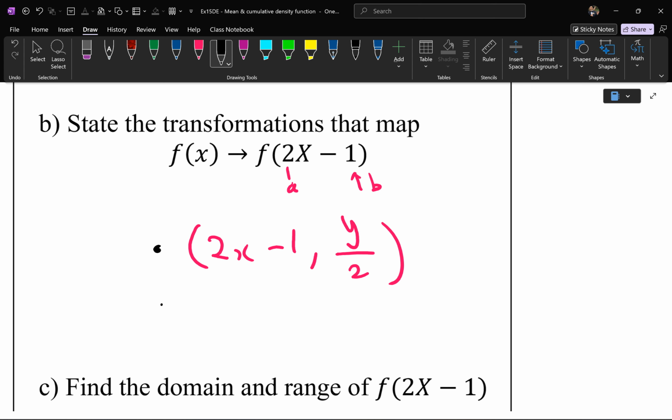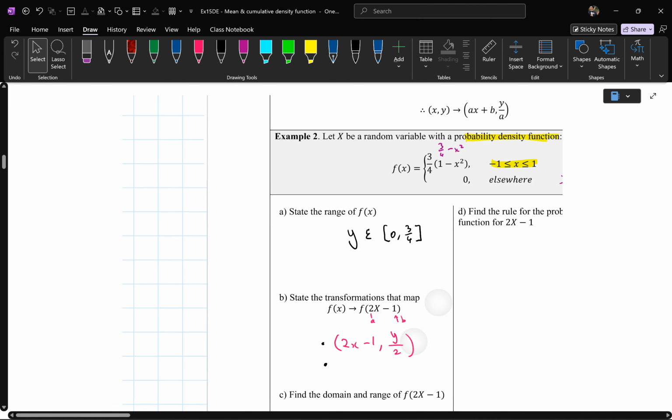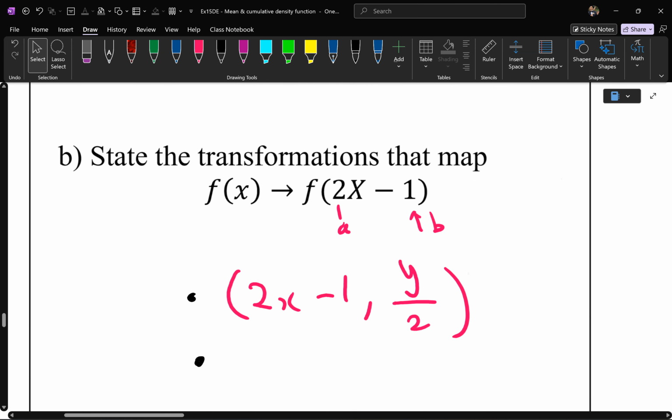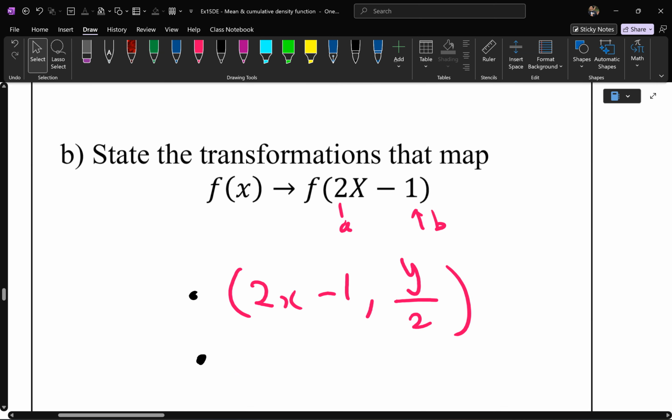In this case here, what are my transformations? So we had left by 1. Is it left by 1 or is it...? Did I write it wrong? Where's 2a? Oh, sorry.